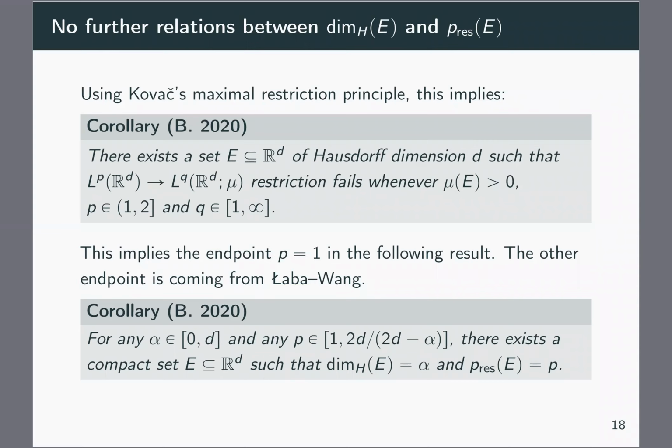And by an argument that combines these two, you get the following corollary saying that, again, if we pick any dimension alpha between 0 and d and any exponent in the same range we saw before, from 1 to 2d over 2d minus alpha, then there exists a compact set E that has dimension alpha and where the endpoint restriction exponent is exactly equal to p. So this answers our earlier question about whether there could be any further relationships between Hausdorff dimension and endpoint restriction exponent. The answer here is no, there can't be any other relations between those two numbers.